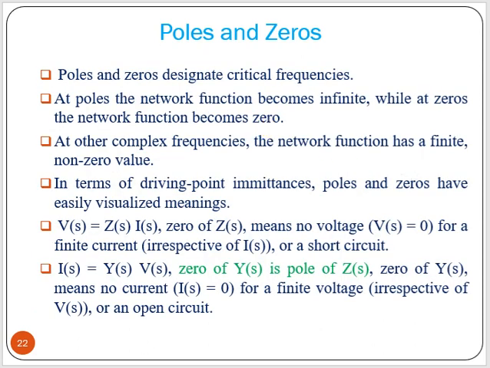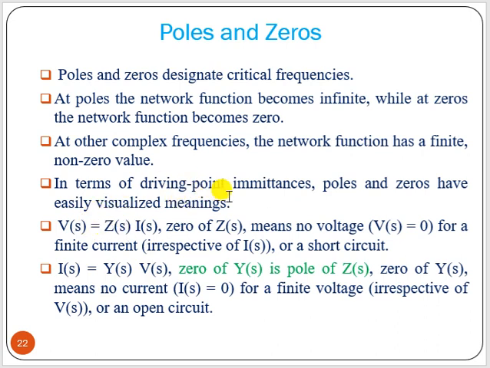Now poles and zeros designate the critical frequencies. At poles, the network function becomes infinite, while at zeros, the network function becomes zero. At other complex frequencies, the network function has a finite non-zero value. In terms of driving point immittance, poles and zeros have easily visualized meaning. Suppose we have Vs equal to Zs Is, where Zs is the impedance function.